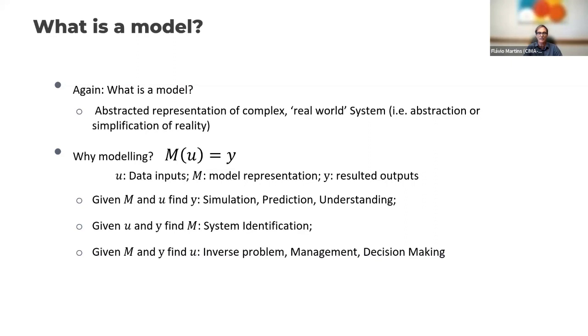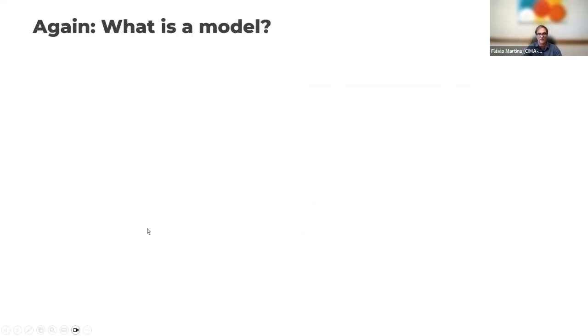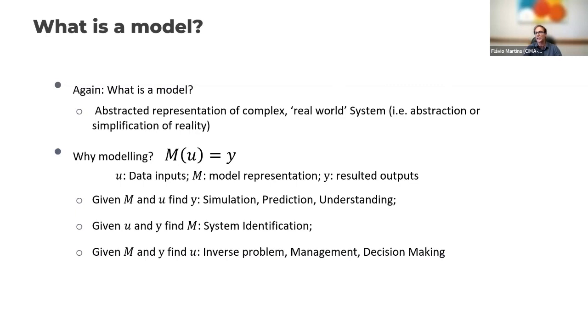But I can also do this without equations. If I'm using artificial intelligence, basically, I'm trying to find an operator that links the inputs to the outputs, you see? Even without knowing the equations, I just know the relations between the inputs and the outputs. Okay, so this is system identification.